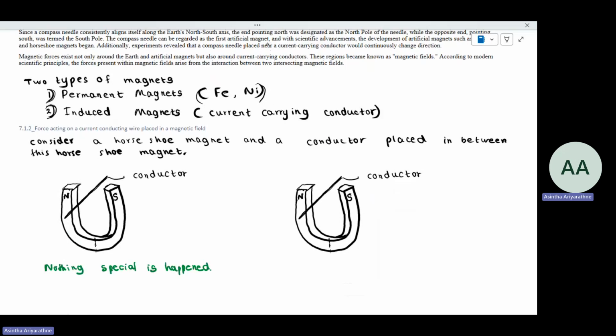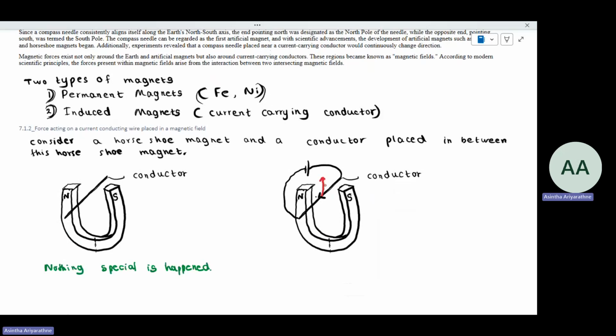But if a current is flowed through this conductor by an external source, let's say a battery connected to these two terminals of the conductor, then current would flow in this manner, and it was found that the conductor would now move, let's say upward.